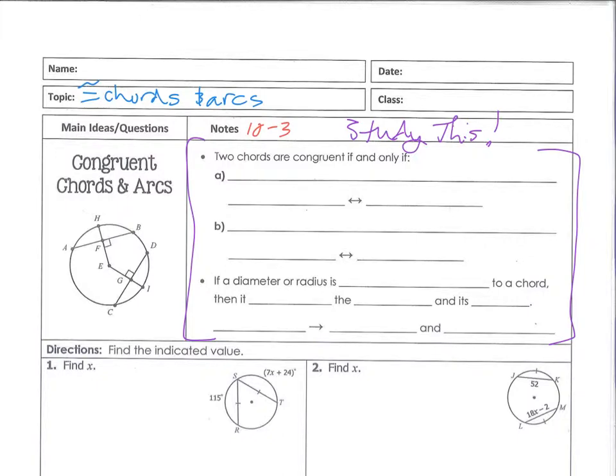So 2 chords, and remember that a chord has endpoints on the circle, and it's a straight line. It's part of a secant. So this is a chord. So 2 chords are congruent if and only if their corresponding arcs are congruent.